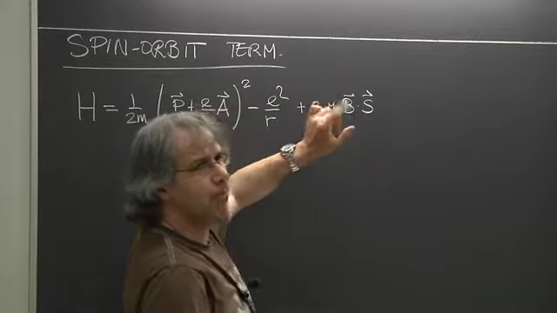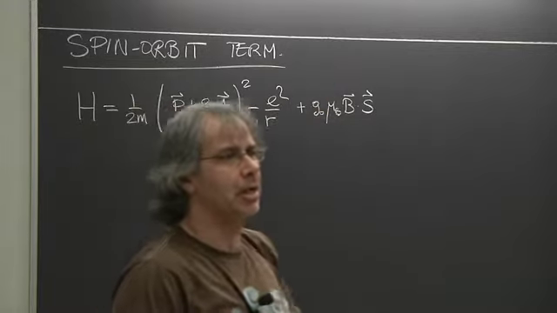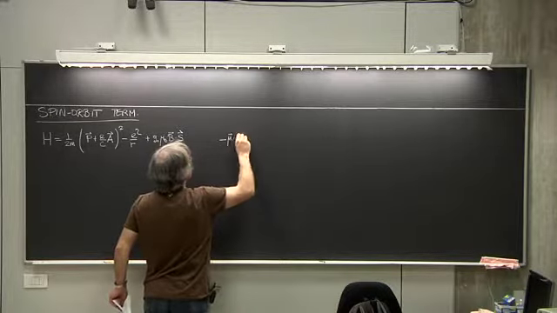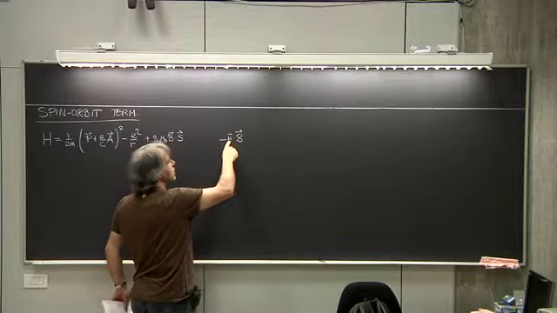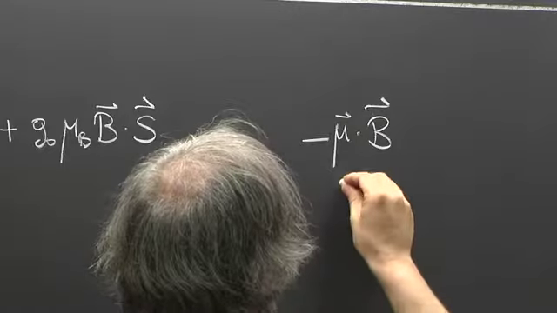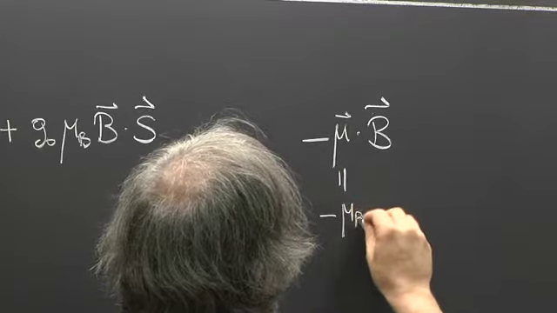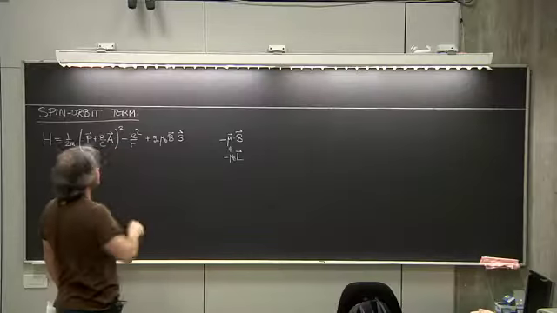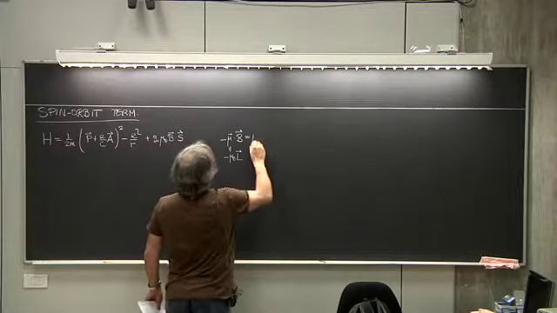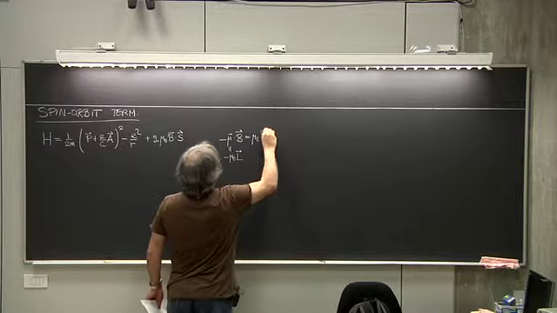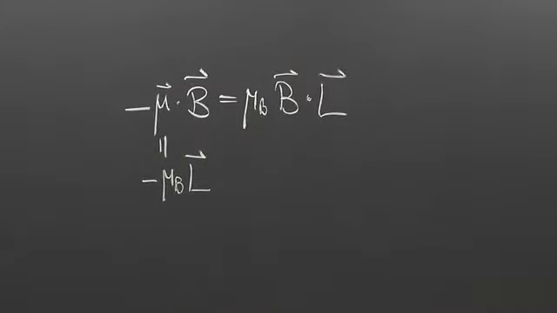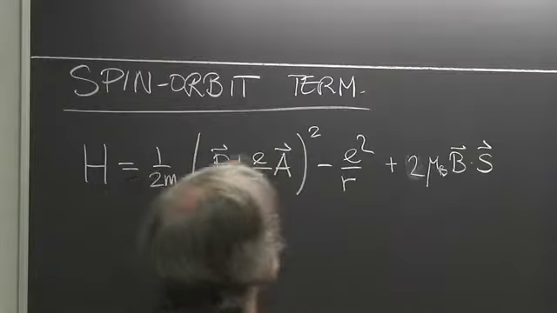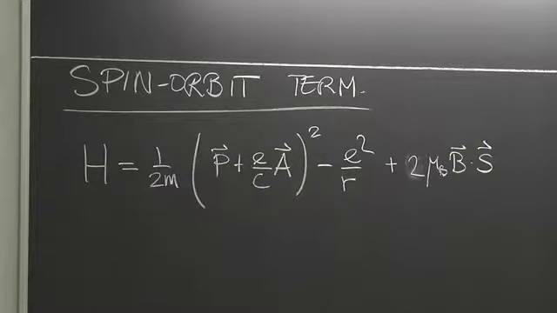So some term of potential energy, essentially of the type minus mu dot B, where mu, that is for electrons equal to minus mu B L, and therefore you get essentially from there a term mu B dot L, similar to this, except for this factor almost 2 that is there.